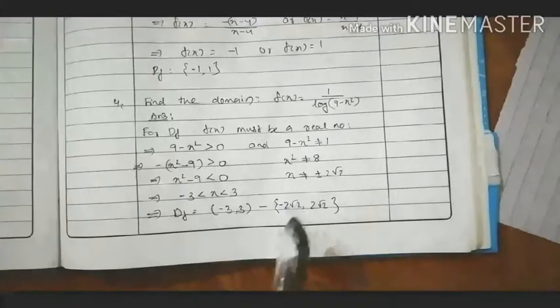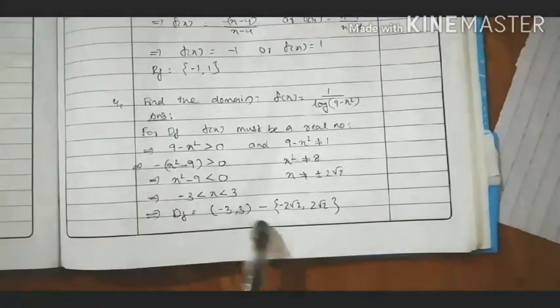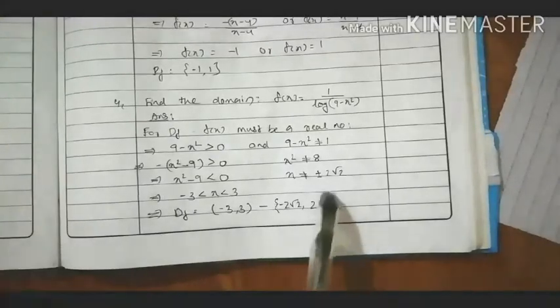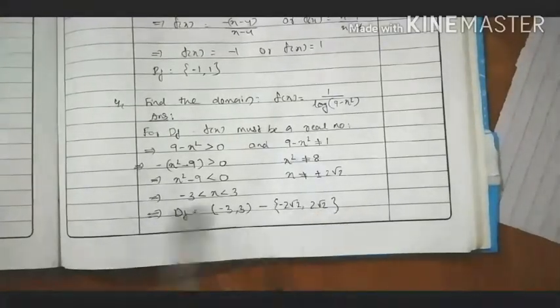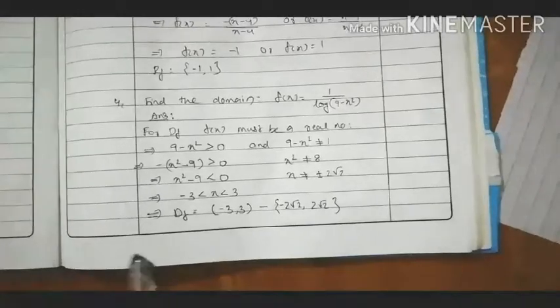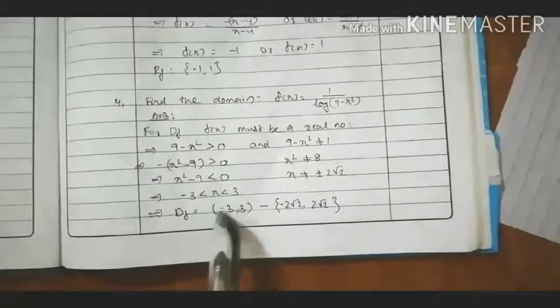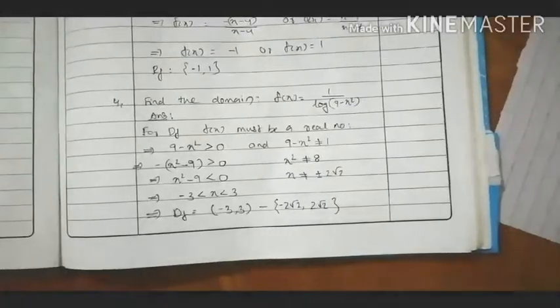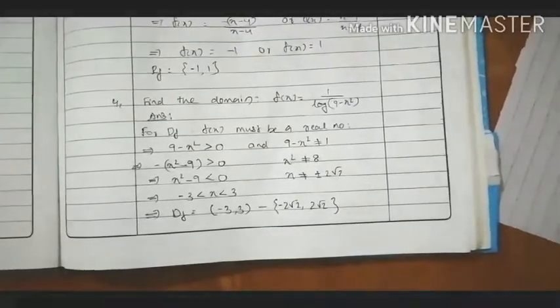So we have to remove those two values from this interval. Then the domain of f is the open interval (minus 3, 3) minus the set {minus 2 root 2, 2 root 2}.